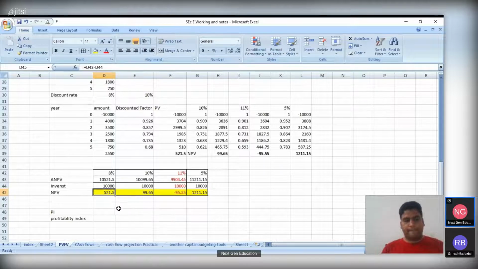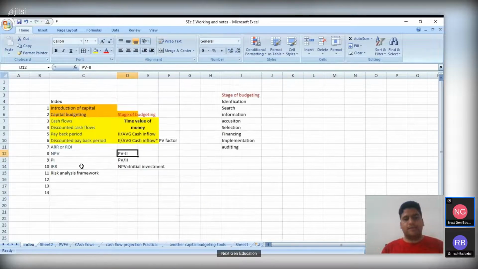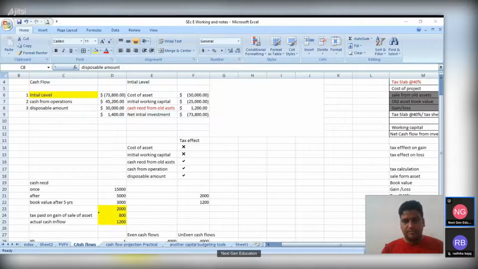Okay, but what for the PI? For PI, you just divide by your initial investments. Understand? In NPV, we subtracted the initial investment, but to calculate the profitability index, we simply divided by our initial investments.